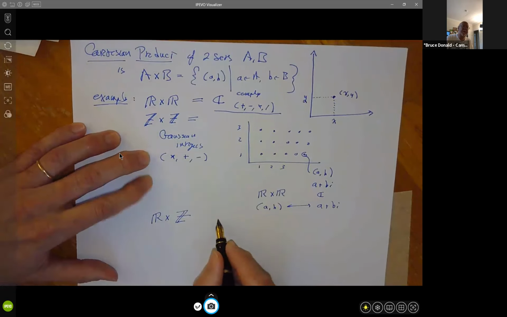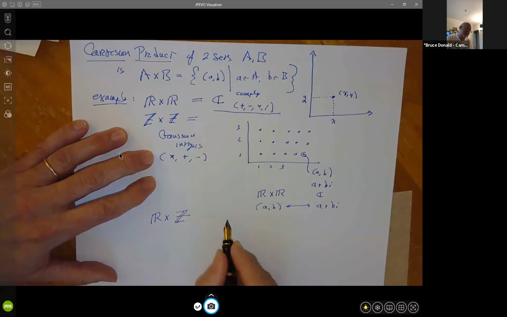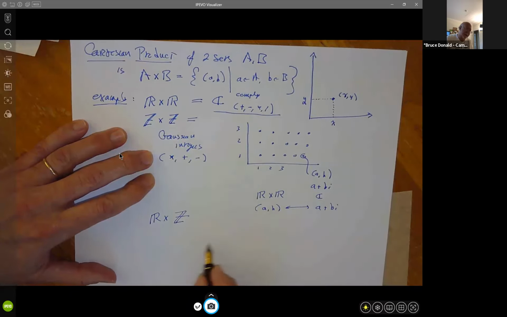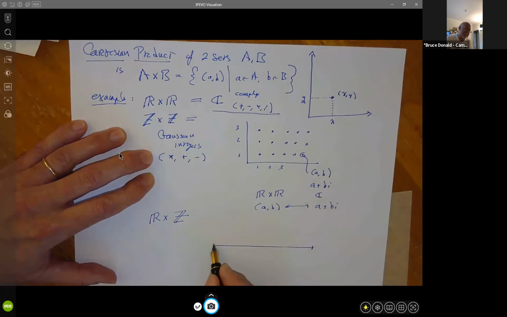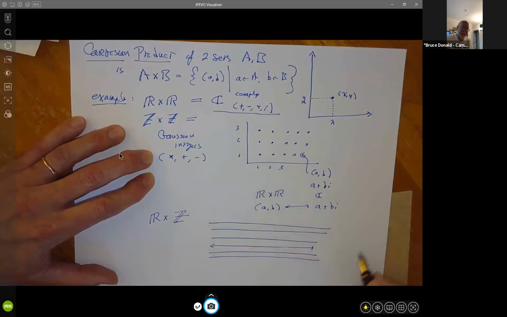So we had an answer that I actually saw in the chat, miracle of miracles, mirabile dictu, which was that it's lines at all the integer values. So this looks like this. We have a copy of the real numbers like this, and that's at 0. Then we have another one at 1, another at 2, another at 3, another at 4. These are y values here, and the x values are unconstrained.